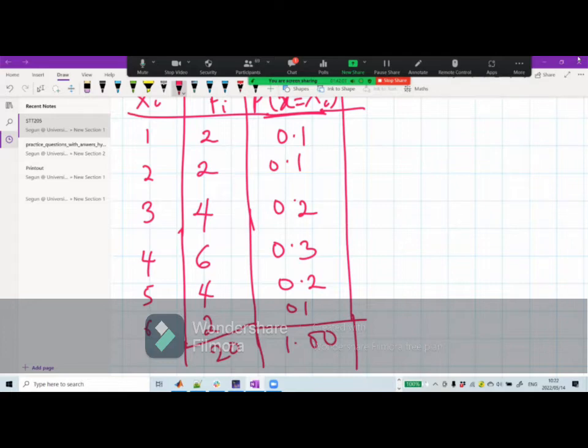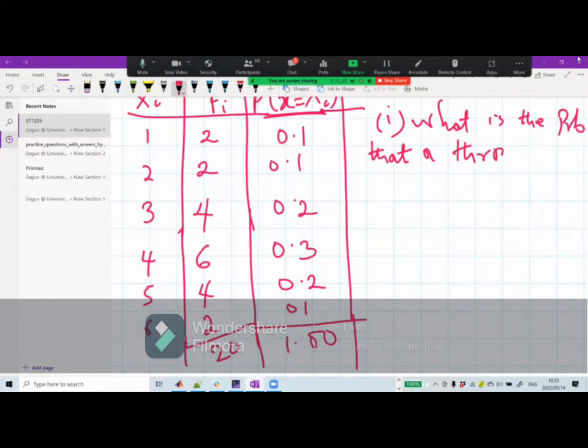Roman figure 1 question says, what is the probability that a throw will give a value of 3?